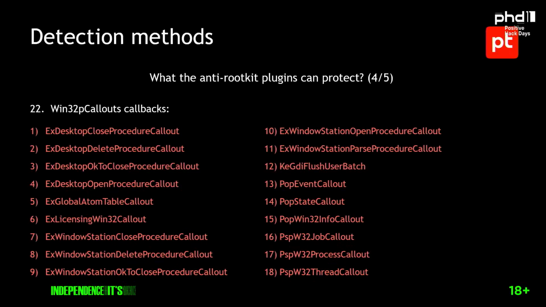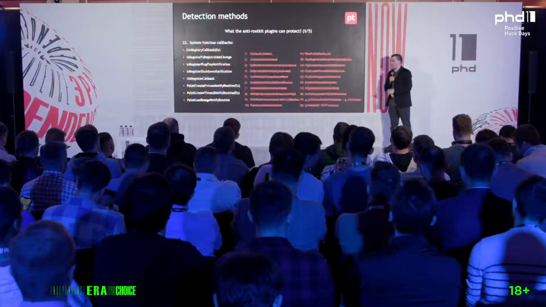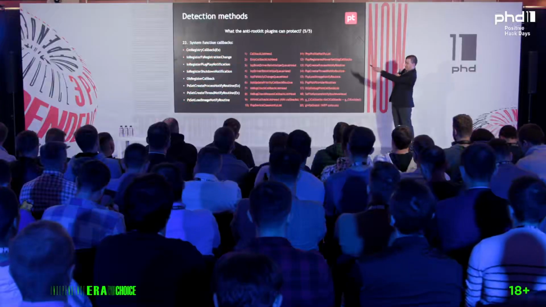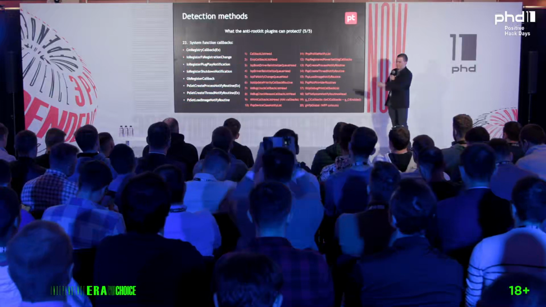The point is that there are many lists like this, and a hacker can actually try modifying any of them. And then something can be triggered from user mode, and he will stay hidden. There won't be any APIs triggered, for example. So we are protecting all this now.